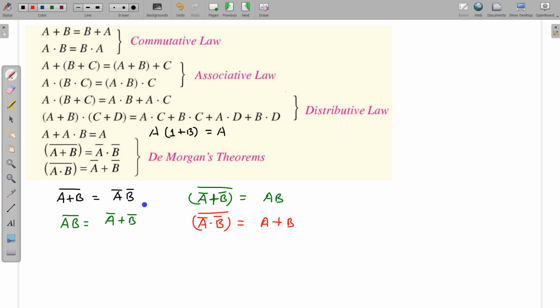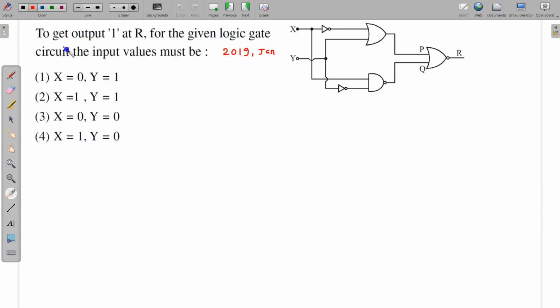In solving problems we can use truth tables, or sometimes we can use these Boolean algebraic theorems, and using them the calculations are sometimes much less. Let us take a question. To get output 1 at this R for the given logic gate circuit, the input values must be.